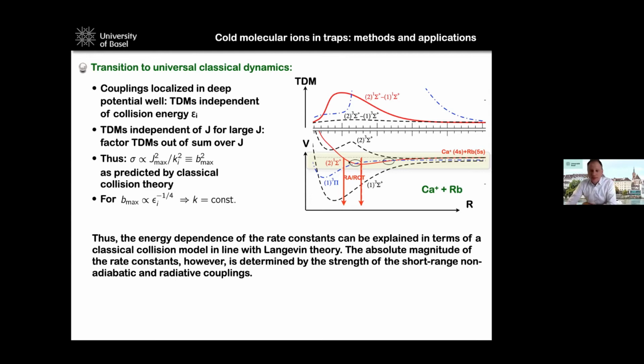Because the properties of the wave function will then mostly be determined by the depth of this well, and that explains the insensitivity of the cross sections and the rate constants to the asymptotic collision energy that we observe in these systems. This is also very nicely reproduced by rigorous quantum calculations of these processes.